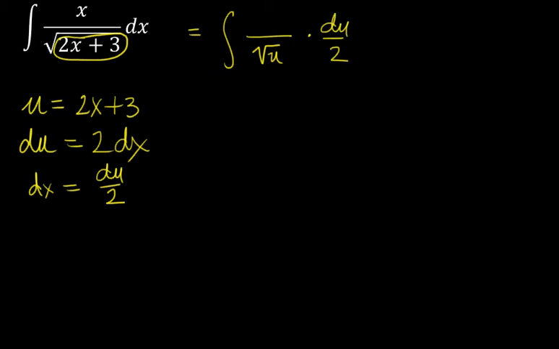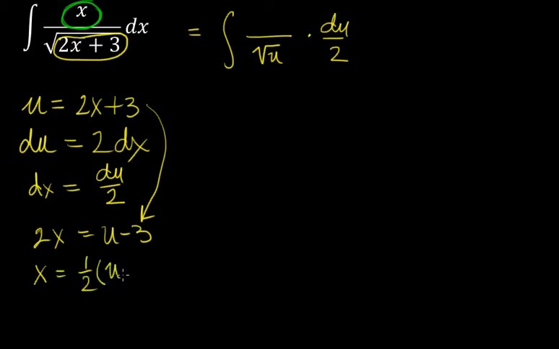But I need x. I have to solve for x in terms of u. So 2x is equal to u minus 3, and so x is equal to 1/2 times the quantity u minus 3.